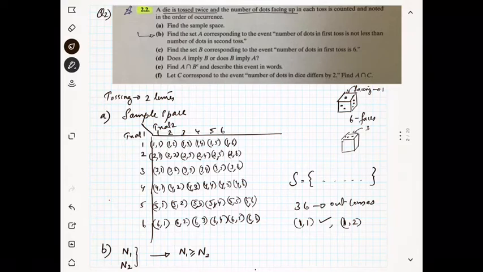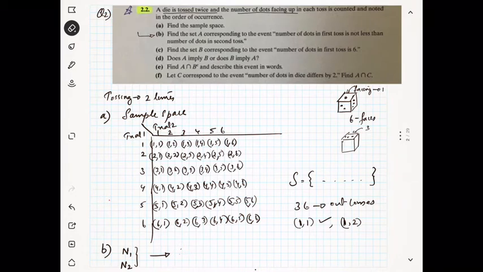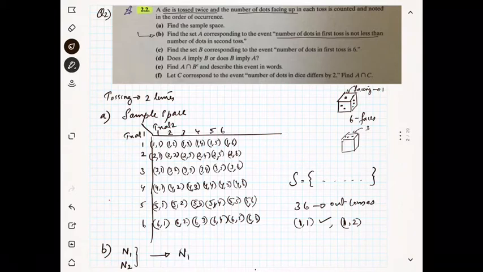Sorry, I have made a mistake here. Please read question part B: the number of dots in the first toss is not less than, that means it should not be less than the second. So not less than means N1 should be greater than N2.